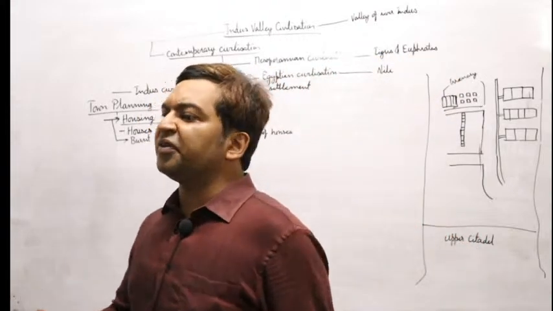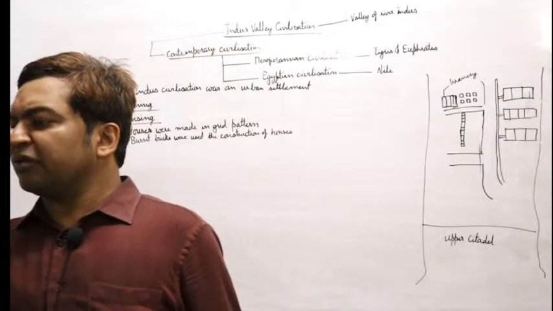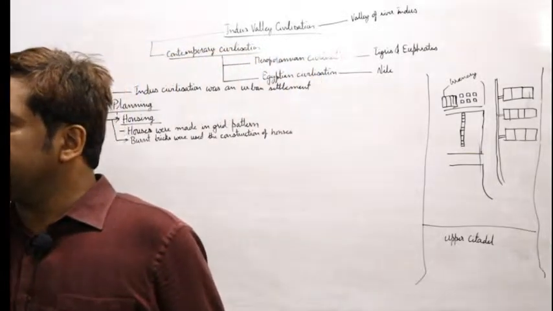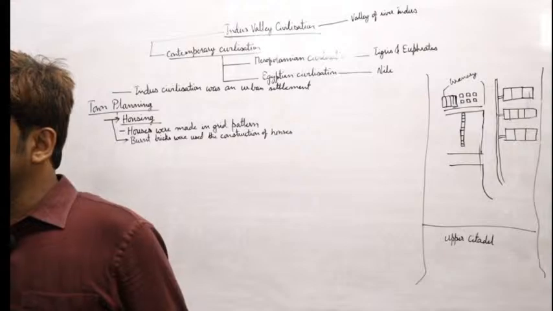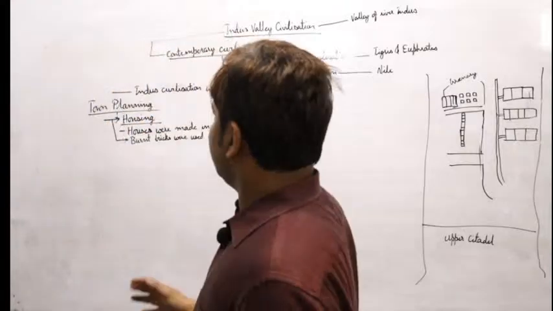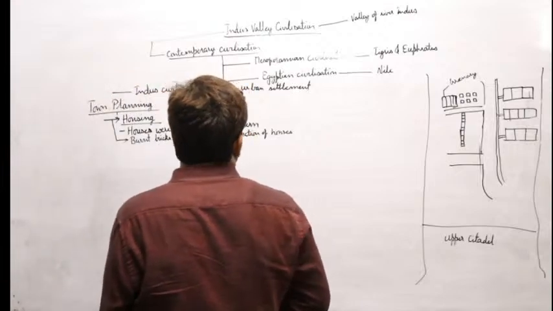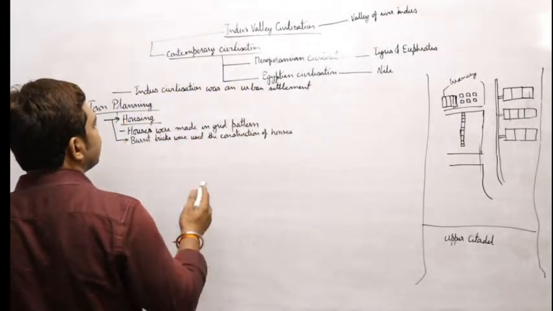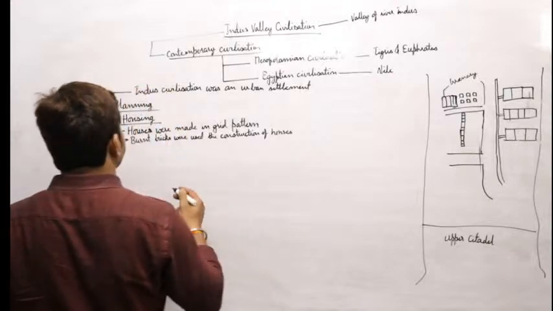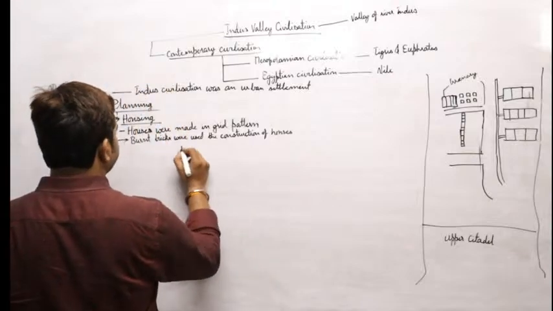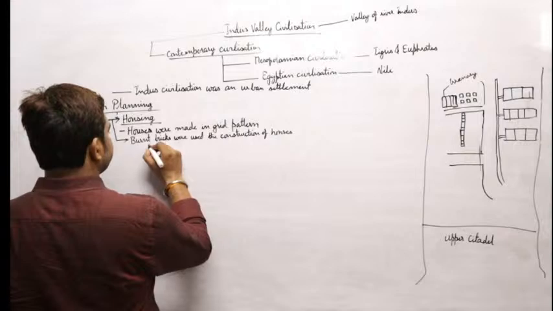It further got refined, and finally it acquired the form which we are seeing in this phase. So burnt bricks were obviously used at some places in the pre-Harappan era. Okay.